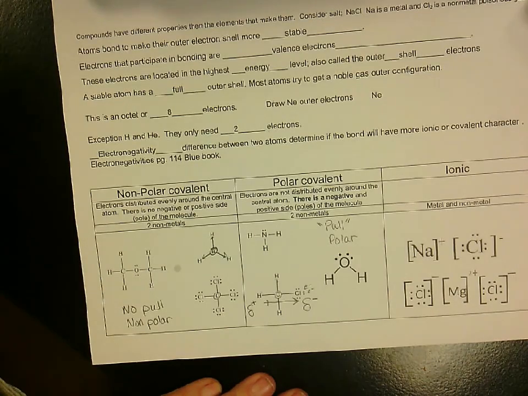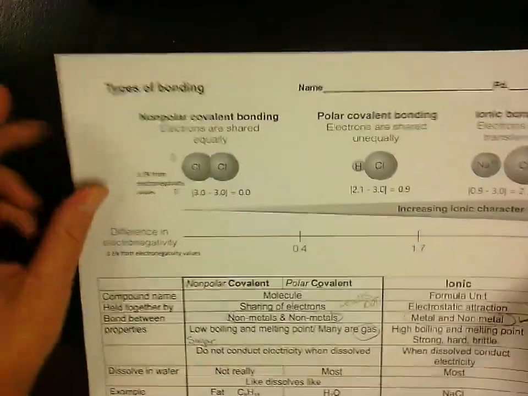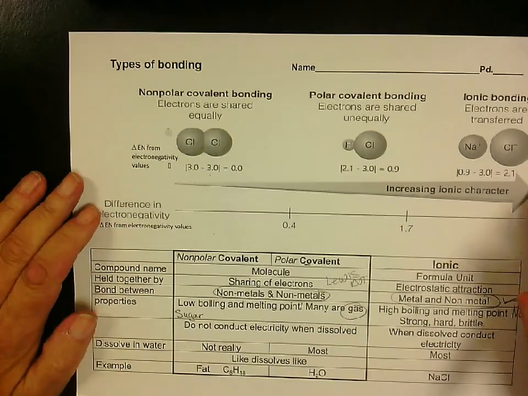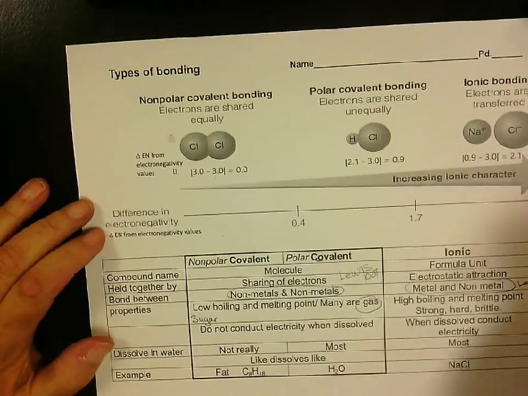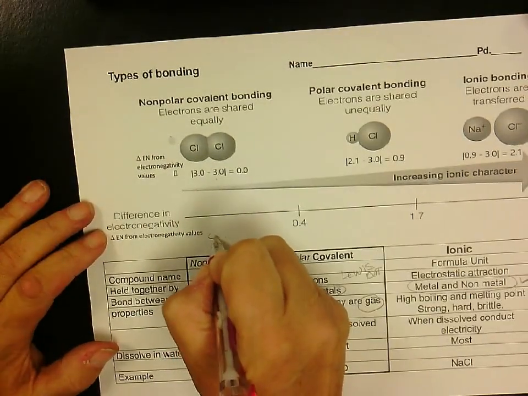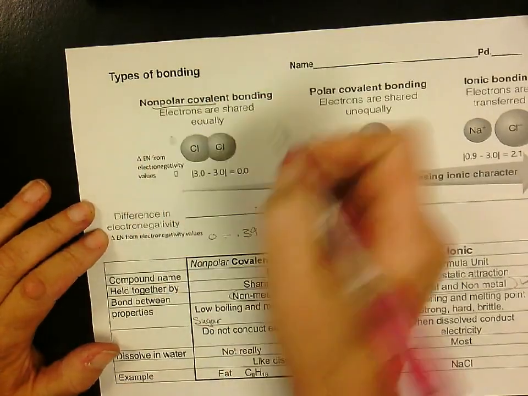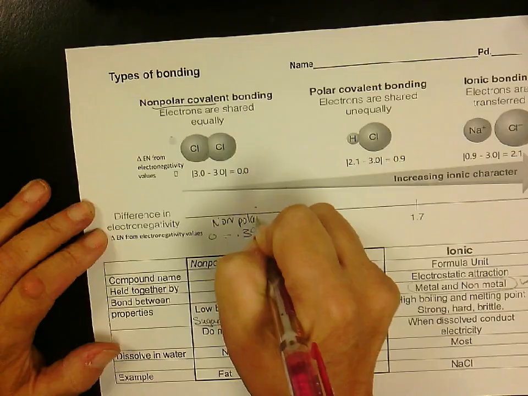The other thing that we want to look at is how we can do it mathematically. Now, we have ranges here. If we have from 0 to 0.39, I am non-polar.